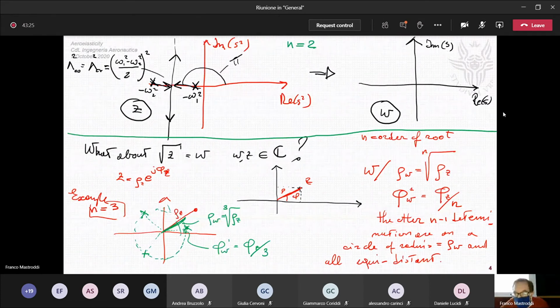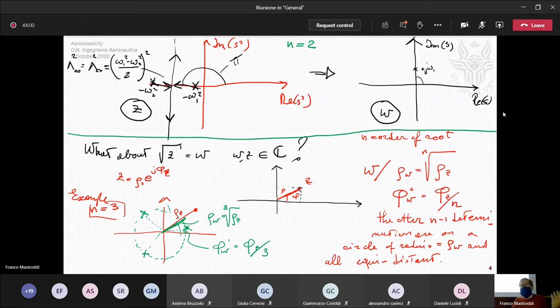So the first root is here, because this is pi by 2, and here I have plus j omega 1. Okay? And you know this result is standard. The other root has the same amplitude, but it is on the circle, dividing the circle in two parts. So this discussion is trivial because we know what happens when you have a negative number and you have to take the square root.